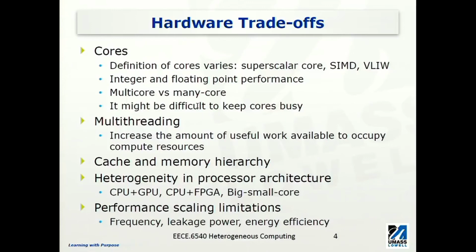You likely see these heterogeneous cores on a single chip: CPU plus GPU, CPU with FPGA, and also big and small cores. And also performance scaling limitations. While you are shrinking the transistor size, there's a limit. You can lower the supply voltage or increase the frequency.